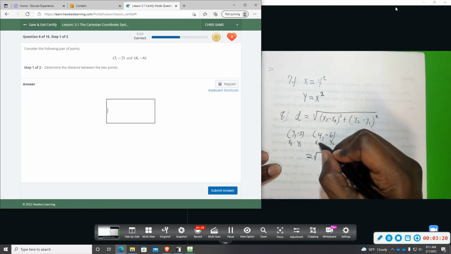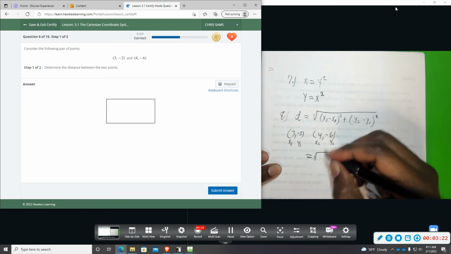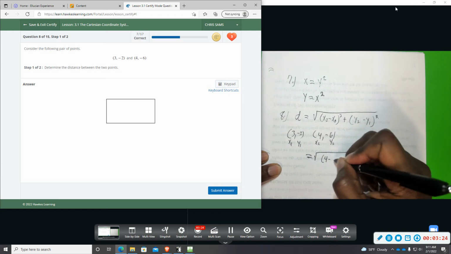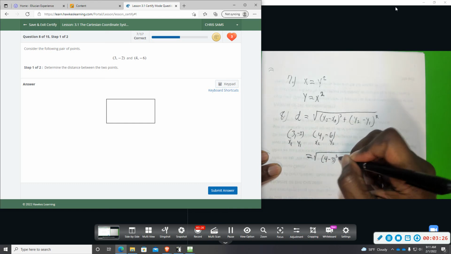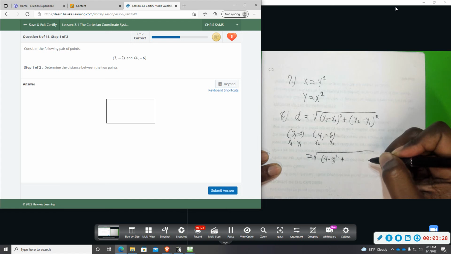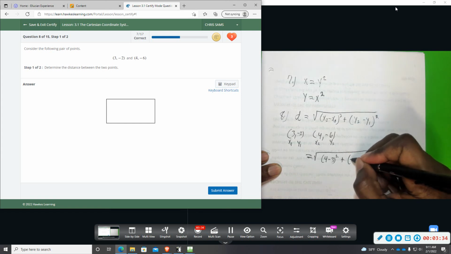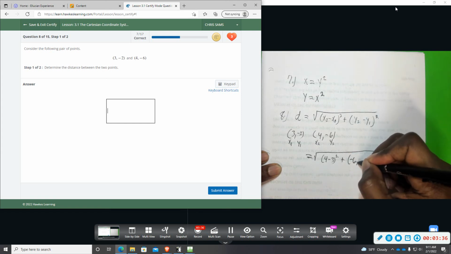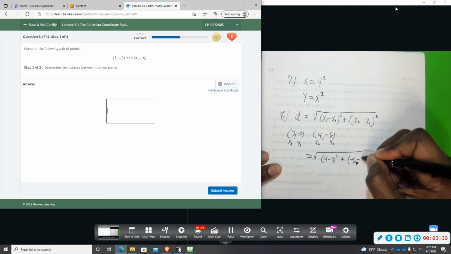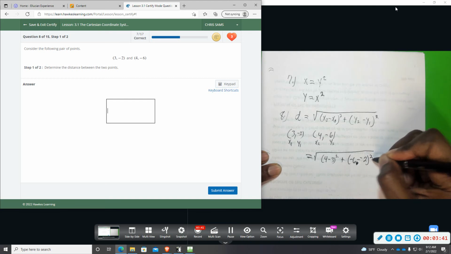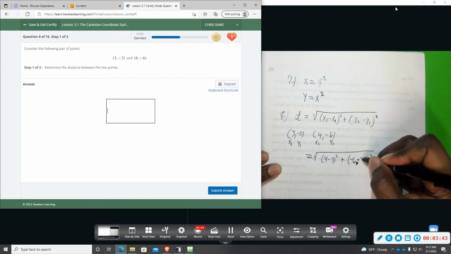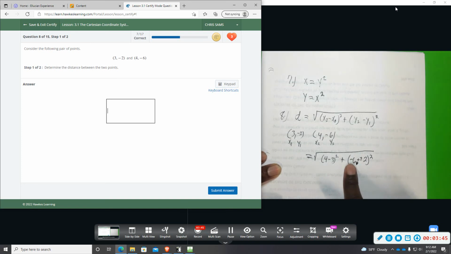So we will be plugging in 4 minus 3 squared plus, I'm going to do the y2 minus y1, so negative 6 minus negative 2. Whenever you have minus and negative, it changes to plus, and so we have a positive and a negative that we're going to be combining.